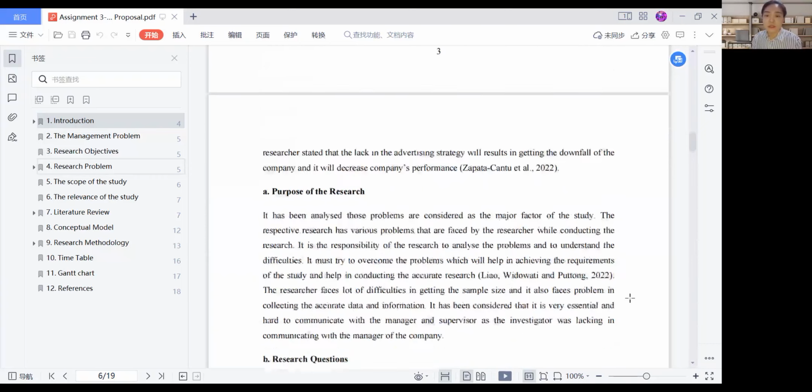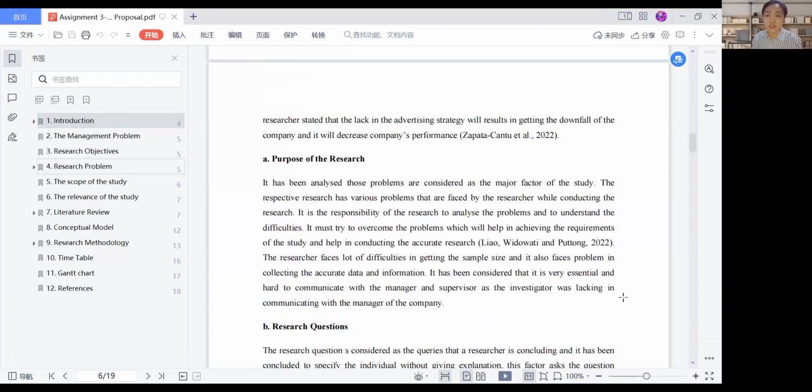5. The scope of the study. The marketing strategy helps the organization to increase its performance and improve the brand image. The company must look at its competitors and at the information, details, and prices of the competitive products.